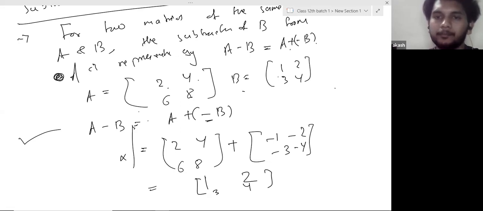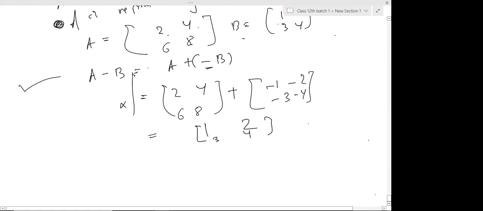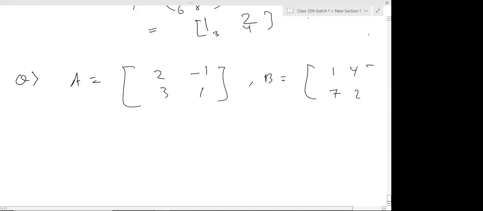This clear? All right. One question. Find 3A minus 2B. All right, very easy question. Tell me when you are done. Rishan, are you able to understand this?